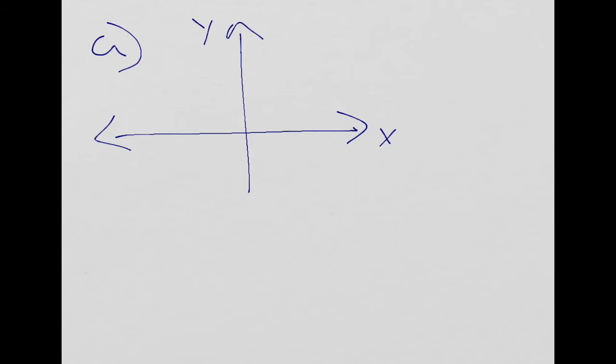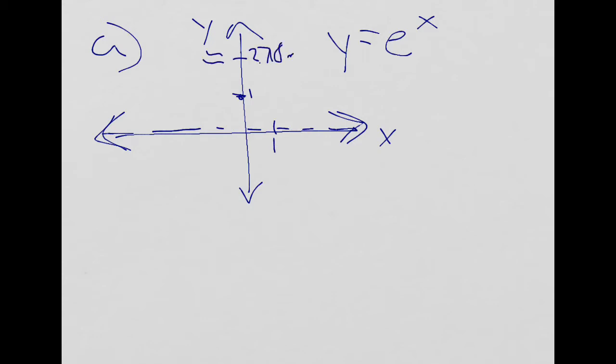So, for example, I'll just give you some of the common functions, exponential functions. So if we have y equals e to the x, so this is a sketch of its graph. All right, and we can see that the domain is from negative infinity to infinity.